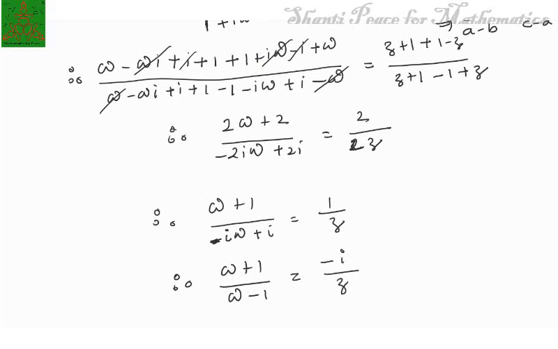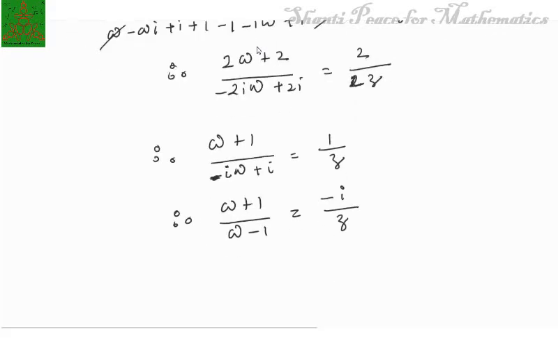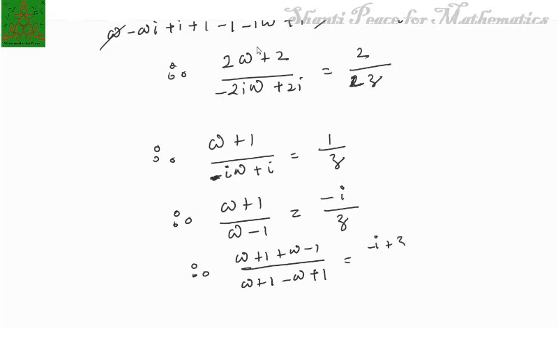Now again I am applying this dividendo componendo rule, because I want the expression in terms of W equal to. That's why it is W plus 1 minus W plus 1 plus W minus 1 upon W plus 1 minus W plus 1. Here you will have minus i plus Z upon minus i minus Z. So the minus 1 is cancelled out, here W is cancelled out.